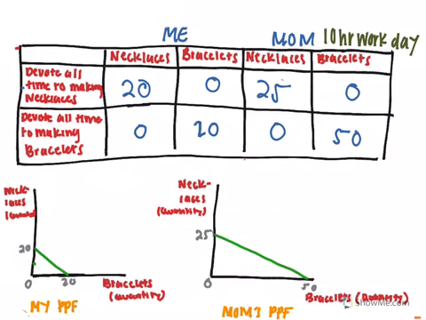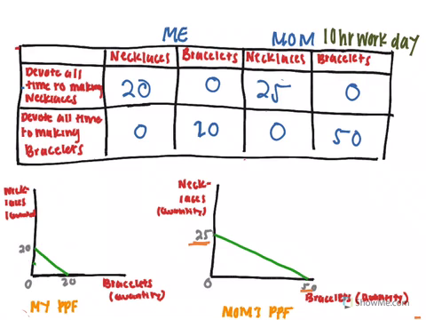So just by looking at these two graphs, we can actually make a very important observation. Here, my mother, in the same amount of time, a 10-hour workday, she can make 25 necklaces and 50 bracelets, right? In the instance that she dedicated all 10 hours to making necklaces and all 10 hours to making bracelets.